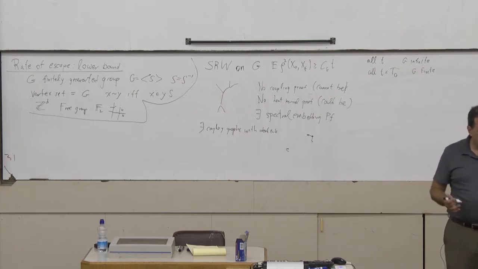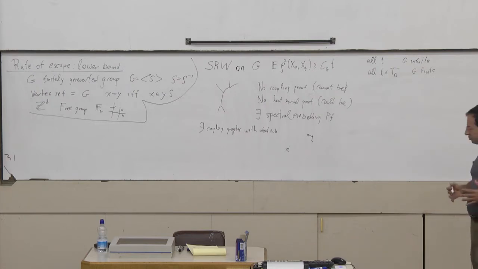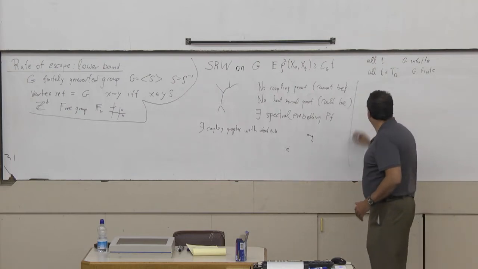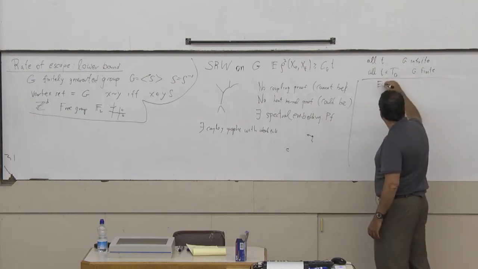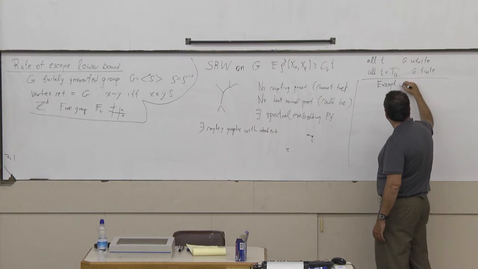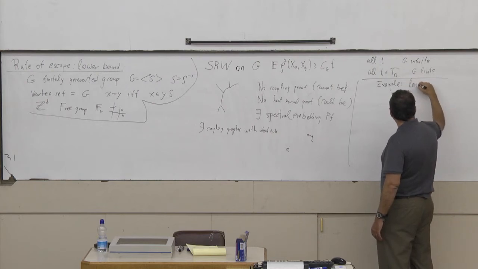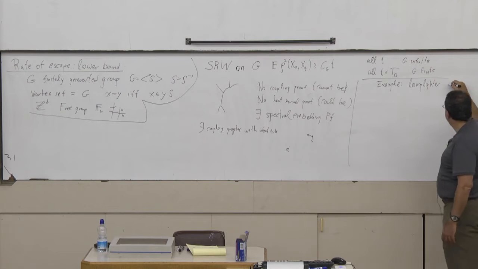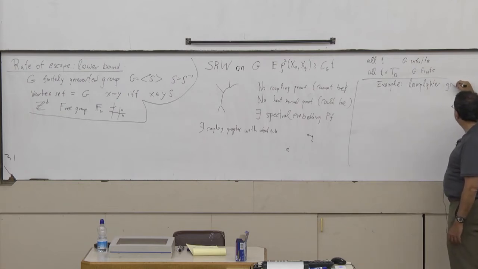So let me first give you an example. I'll describe to you what the graph is. The example is one of my all-time favorites, the lamplighter group. We'll do the lamplighter group over Z, which we sometimes write like this.